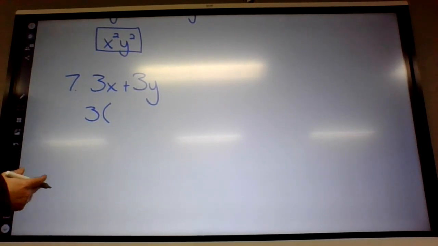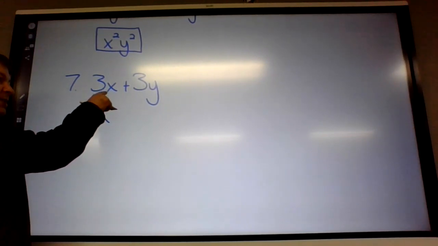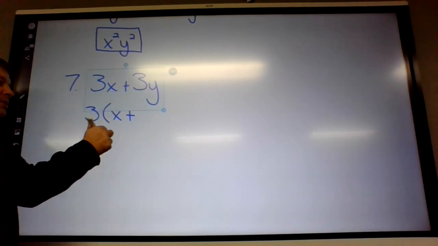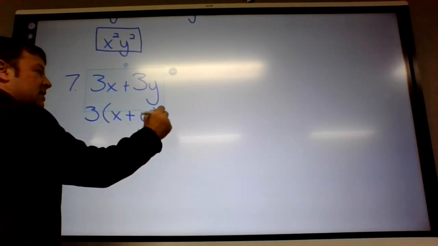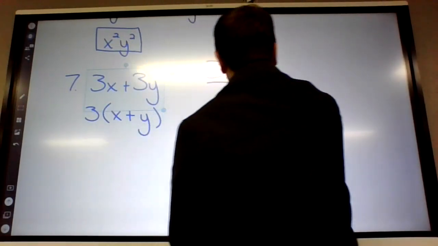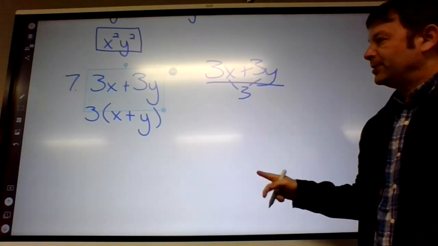It's the opposite of distribute. We're undistributing. So what's 3x divided by 3? x. Plus what's 3y divided by 3? y. It's kind of like the last chapter. We had problems kind of like this, maybe a little bit messier, but you just divide both of those by 3.